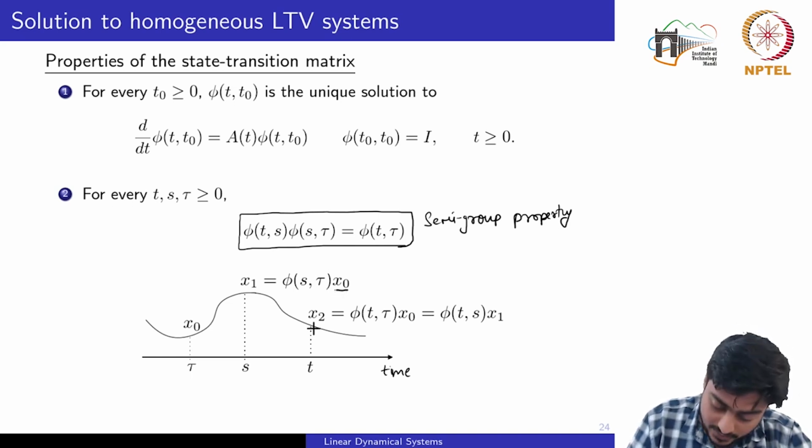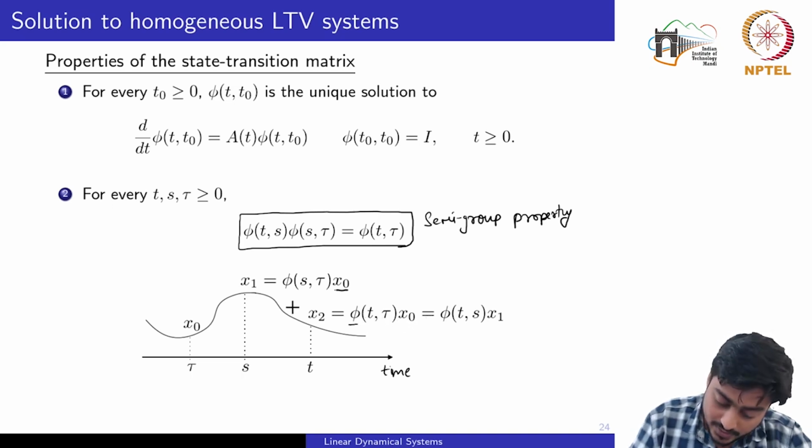Now if I want to compute the solution, let's say at time t, then I can represent my x2 in two ways. If I know x0, then I can represent it by the multiplication of the state transition matrix phi at time t, given the initial condition at tau, multiplied by x0.